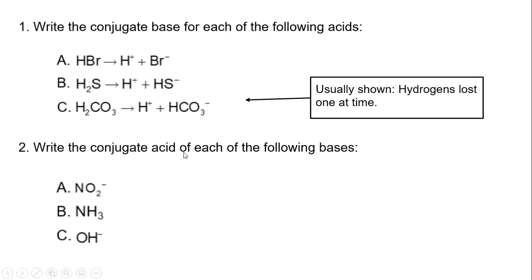Now, what if we do the opposite? We are going to write the conjugate acid. That means reverse it. We are going to add hydrogens to this. Now, here's a note. If you look at these the opposite way, the ones that end up with charges are going to end up with neutral compounds. If there's a neutral compound, it's now going to have a charge by adding a hydrogen, which means you're going to have an imbalance, with more protons than electrons.